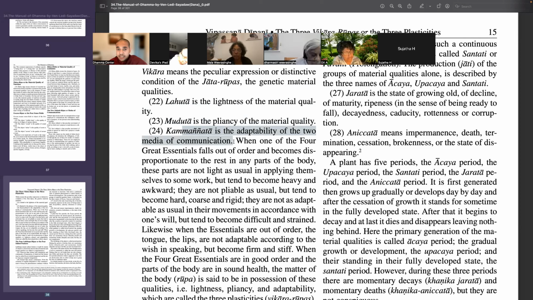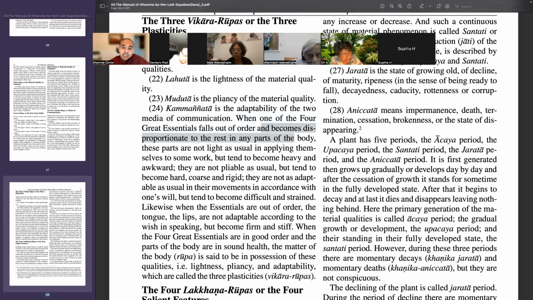When one of the four great essentials falls out of order and becomes disproportionate to the rest in any parts of the body, these parts are not light as usual in applying themselves to some work, but tend to become heavy and awkward. They are not pliable as usual, but tend to become hard, coarse, and rigid.